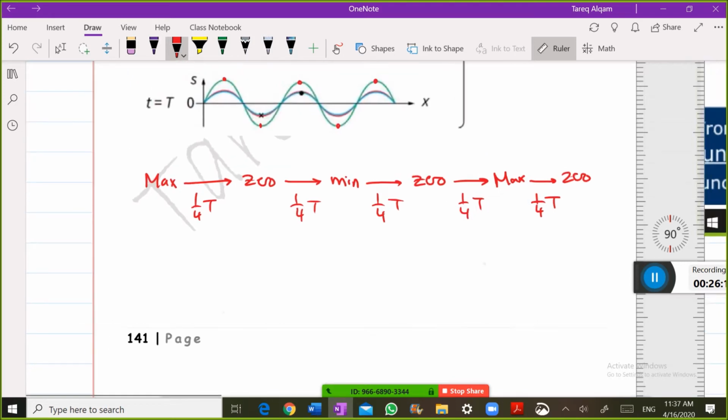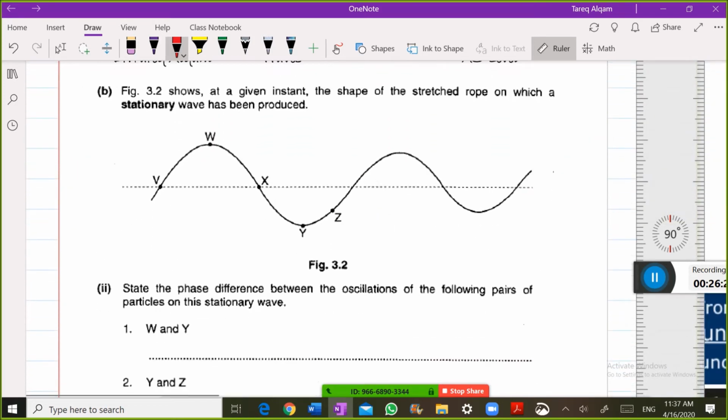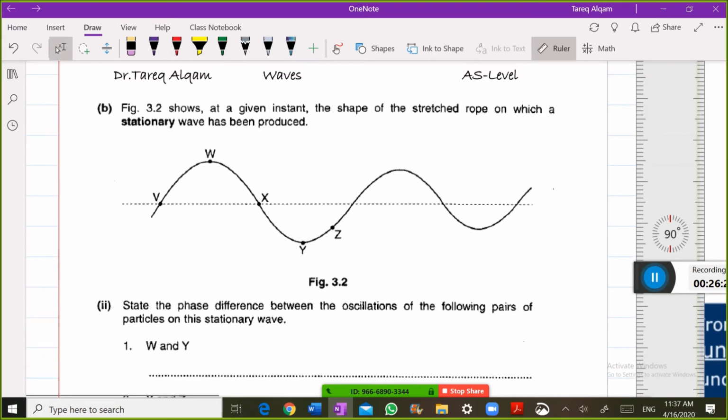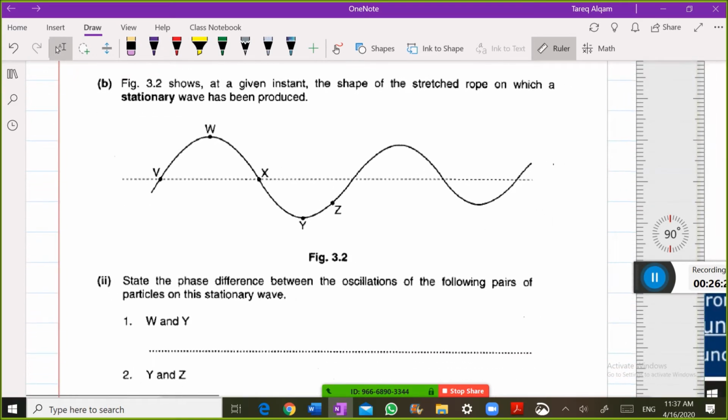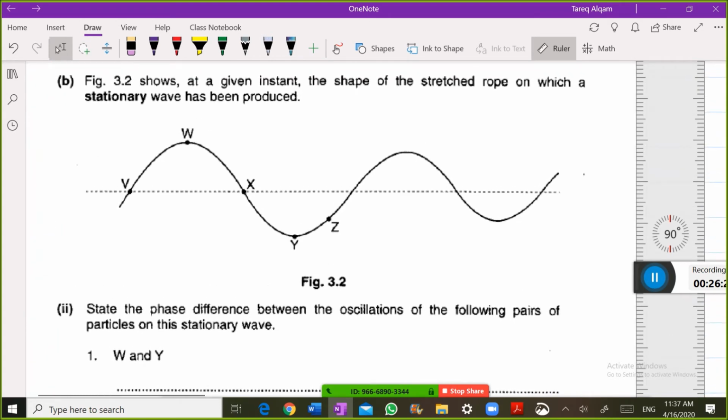Let me show you how you will be asked about the phase difference in standing waves. Here we have V, W, X, Y, Z, these points. Let's consider them as E, D, F, G, no matter.